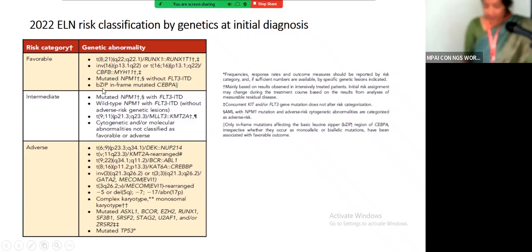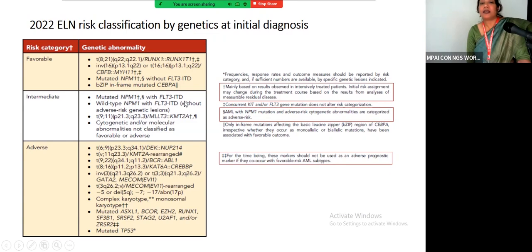So other than this, our case is here, mutated NPM1 with FLT3. So what does this entity in the intermediate category, what are the instructions according to the ELN? ELN says that for the time being, these markers, the mutated ASXL1, BCOR, EZH2, RUNX1, SF3B1, SRSF2, STAG2, U2AF1, and ZRSR2.